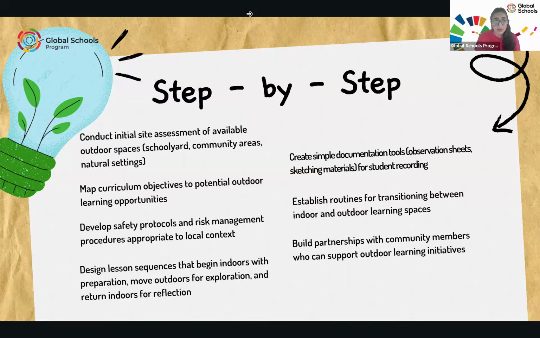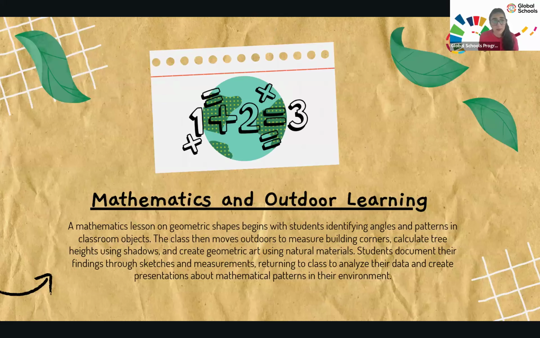Okay. So I've been giving you a lot of examples throughout this, but one particular example is using mathematics in outdoor learning. So this one is based on teaching about geometric shapes and using outdoor elements to identify angles, patterns, and measuring things such as building corners, calculating the amount of trees, and then how to integrate SDGs into it.